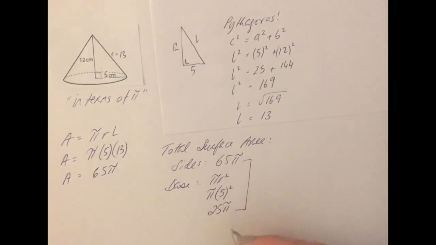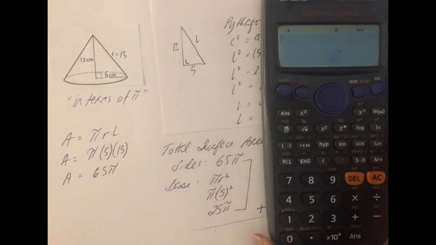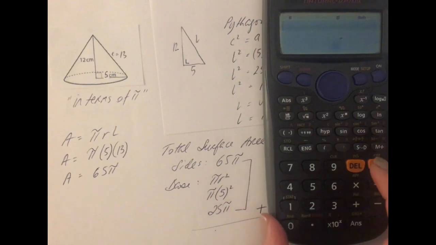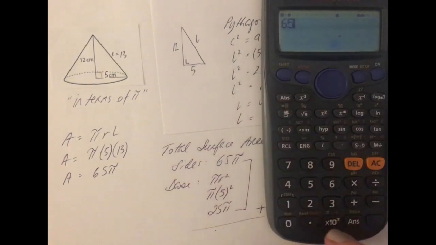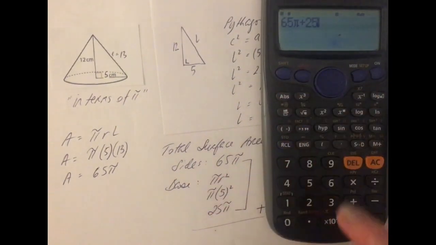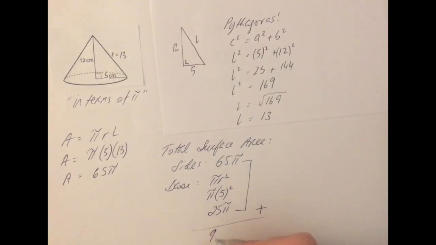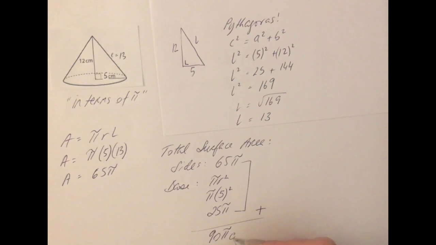So now add these two together, and we get, you can do this on the calculator if you're a little bit unsure. All you're going to do is add the numbers. The pi will just stay, but if you're unsure, 65 pi plus 25 pi is, of course, 90 pi. And it's area, so centimeters squared.